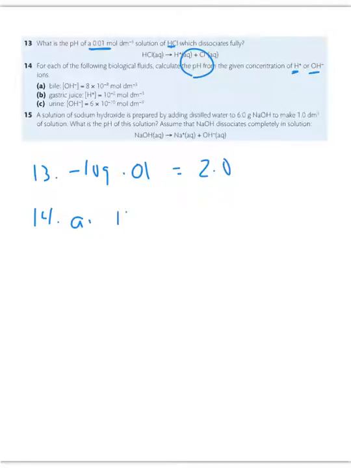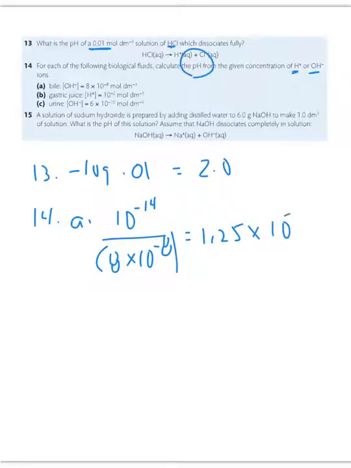So I can take 10 to the minus 14th and divide by the 8 times 10 to the minus 8th. And if I do that, let me just grab my calculator here. I get 1.25 times 10 to the minus 7th.